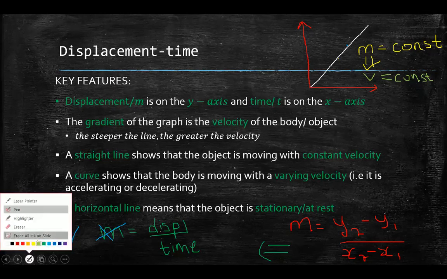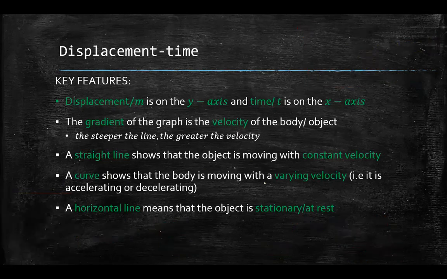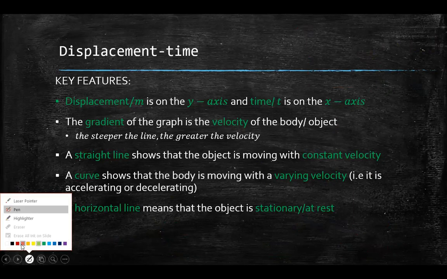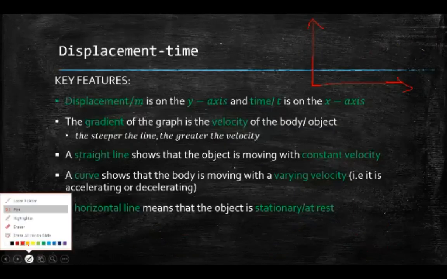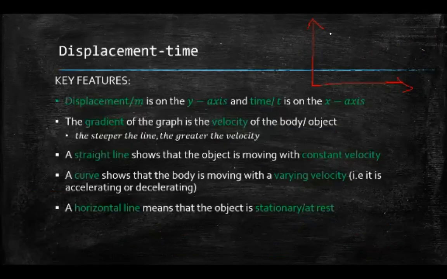Clear this whole thing. A curve shows that the body is moving with varying velocity, i.e. it is accelerating or decelerating. I'll tell you why I said that just now. So again, your y, your x, y is displacement, x is time. Let's say my curve looks like this.